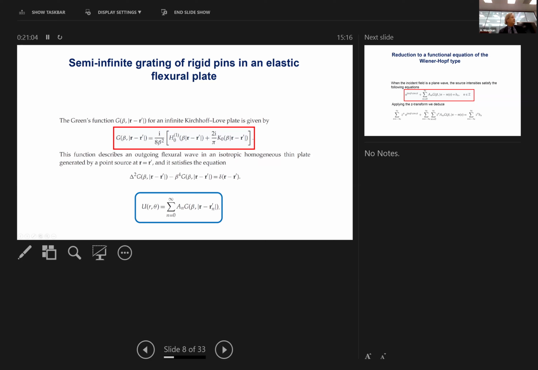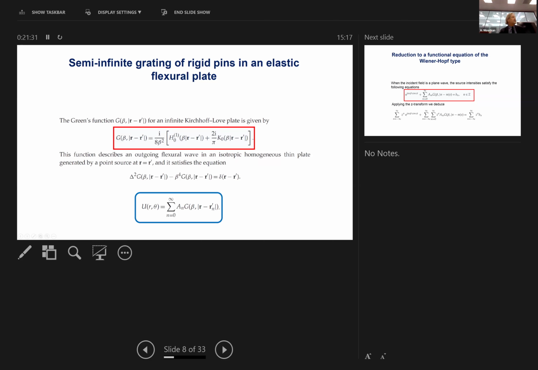frequency, and G is my Green's function, and here it's written explicitly. H naught is the Hankel function, and K naught is the modified Bessel function. So this one is what you would see for the standard Helmholtz equation, but this one is a special feature for the flexural waves. They're both singular, but they cancel each other's singularity.